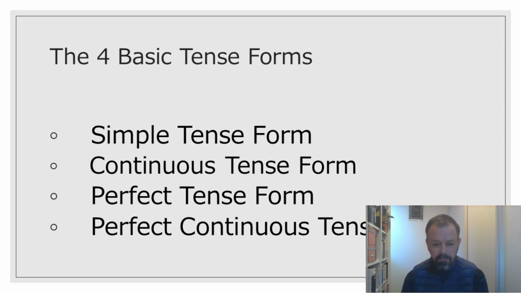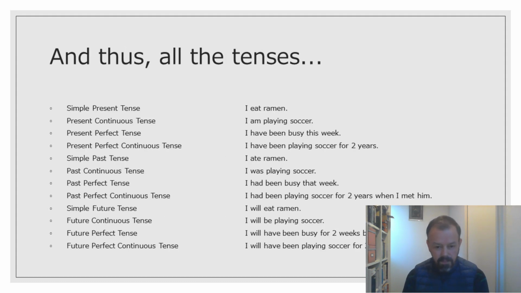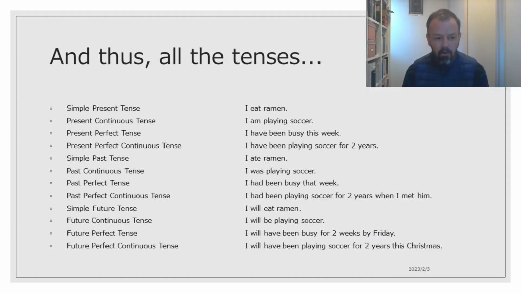So we have four basic tense forms, and we have three basic time periods. So, as you might imagine, if you are good at mathematics, that makes 12 tenses. 4 tense forms for each tense period.